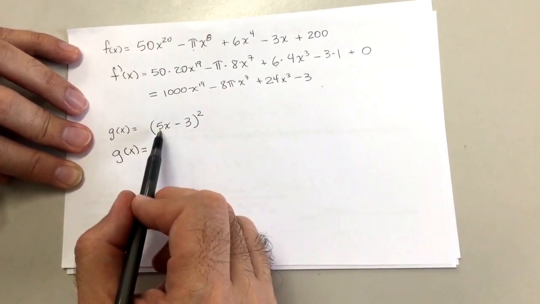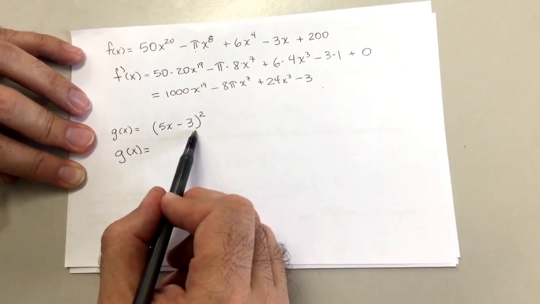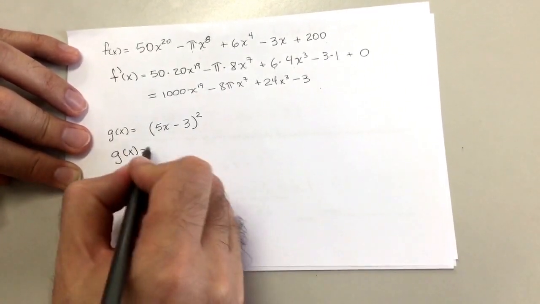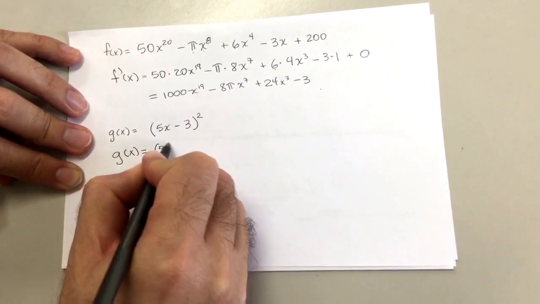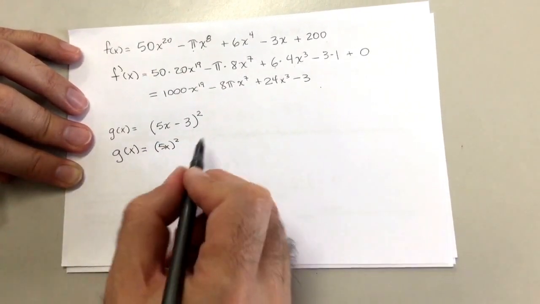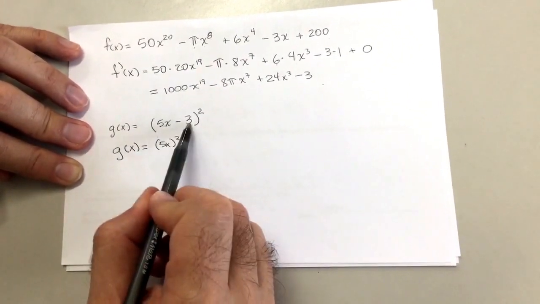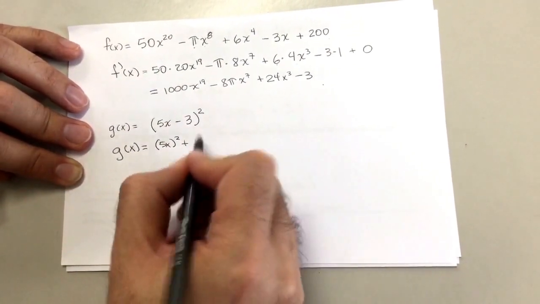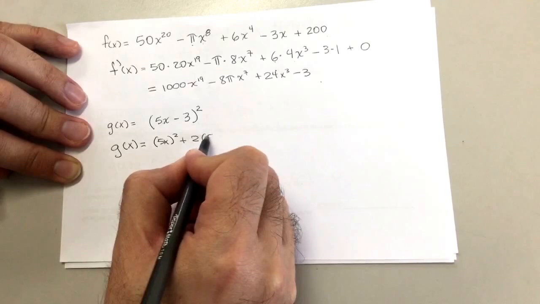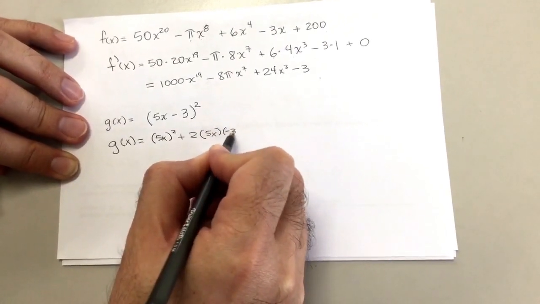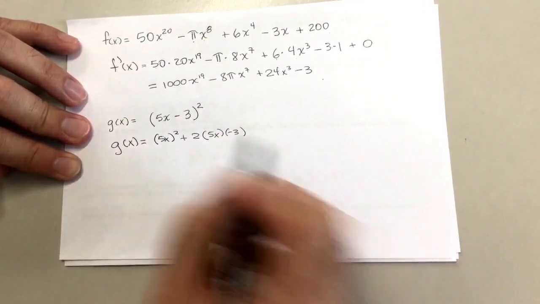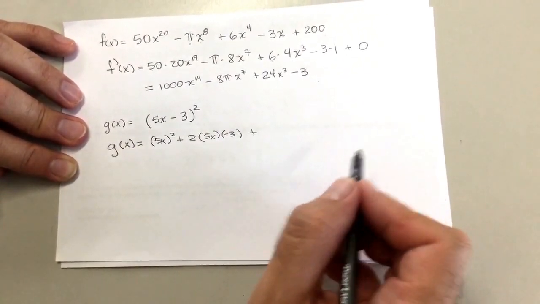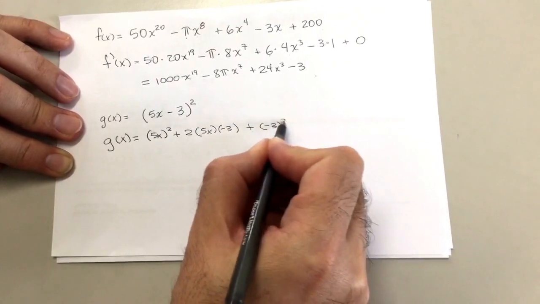But in class, we've learned that this expands by squaring the first term. That would be 5x squared. And then multiplying the two terms times 2 also. So plus 2 times 5x times negative 3. And then adding the square of the second term, negative 3 squared.